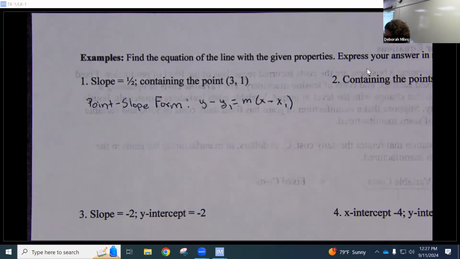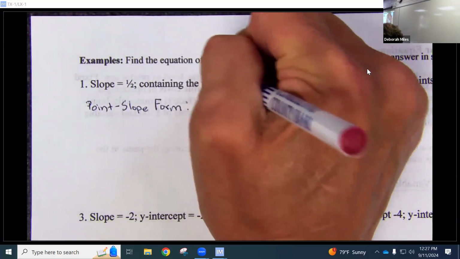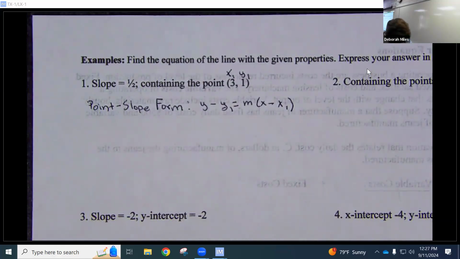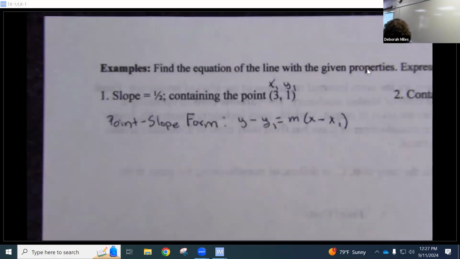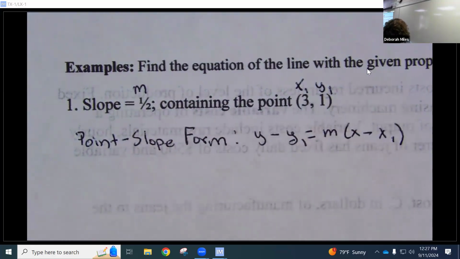And then I'm going to say the point that I'm given is my X1, Y1. The slope that I'm given is my M.